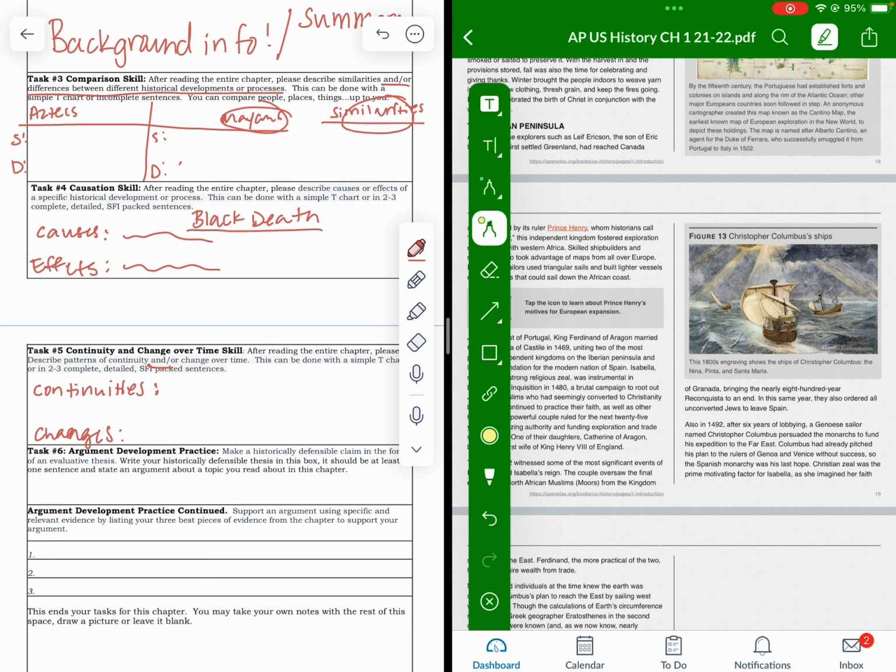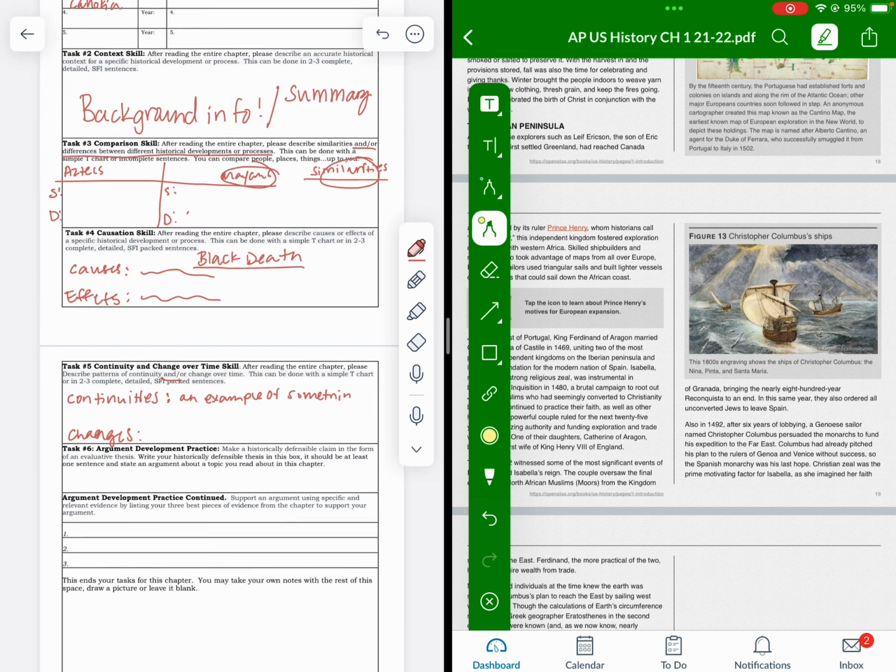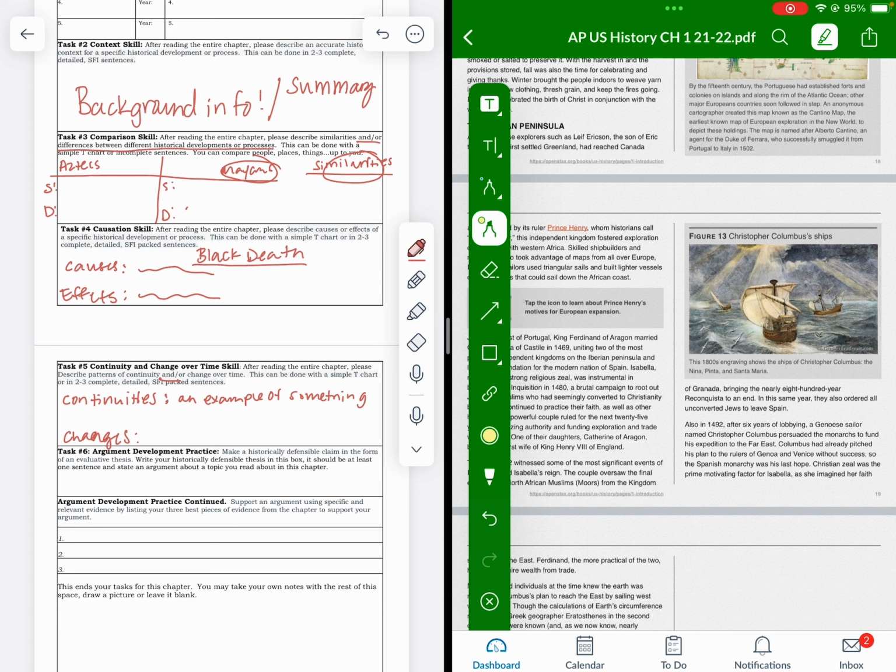So for example, what is something that's remaining constant throughout this chapter? So you're going to read and you're going to come up with an example of something that remains constant in the chapter.